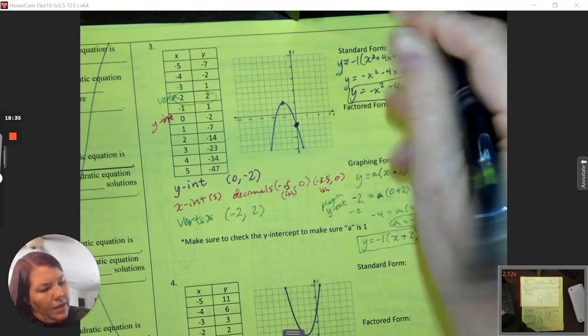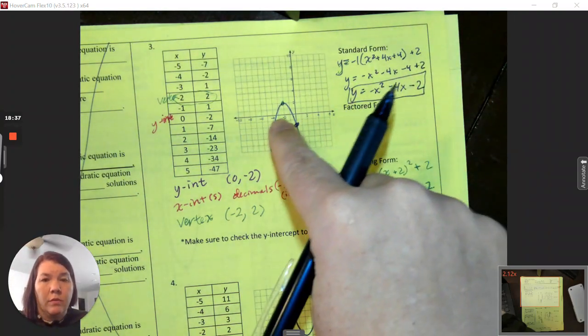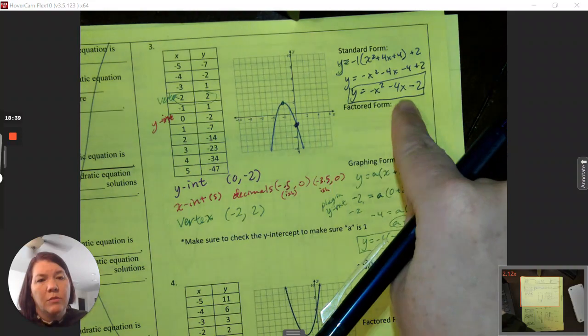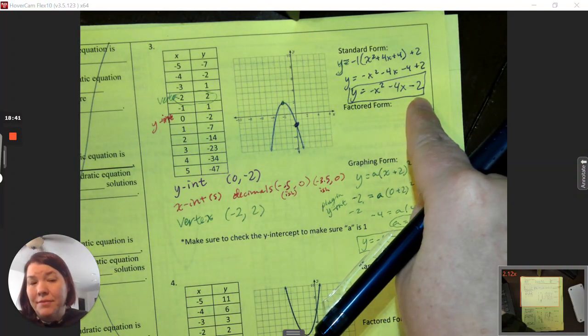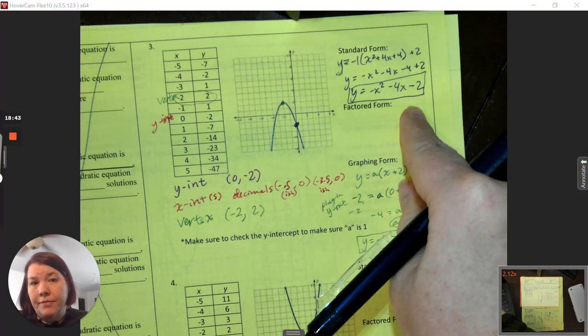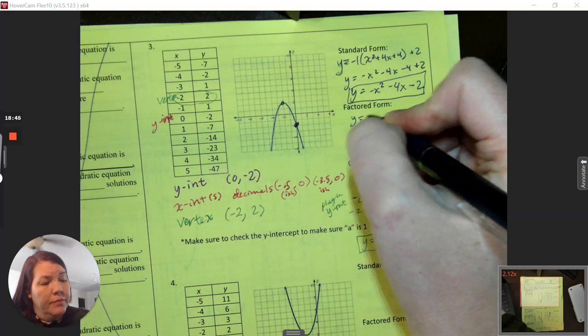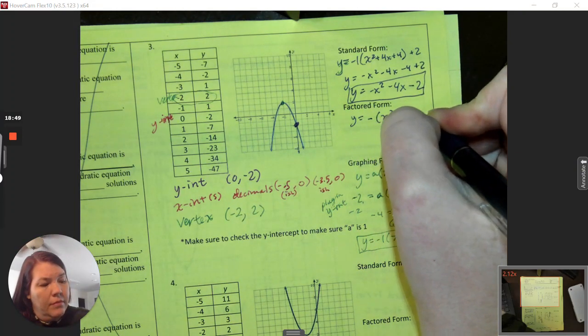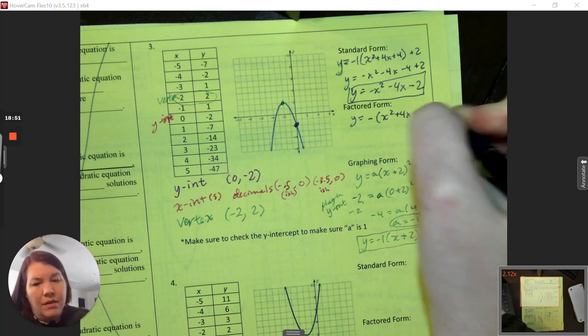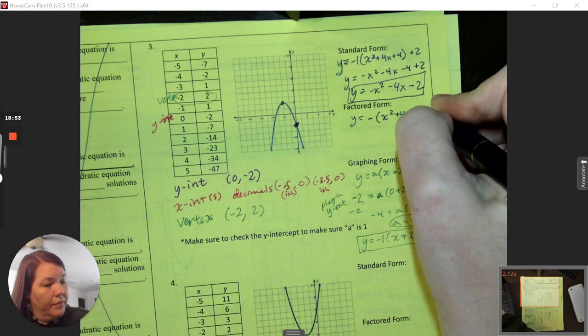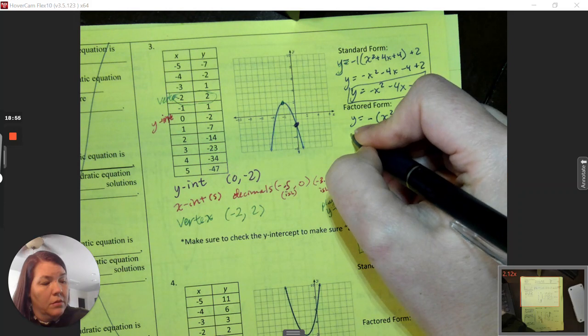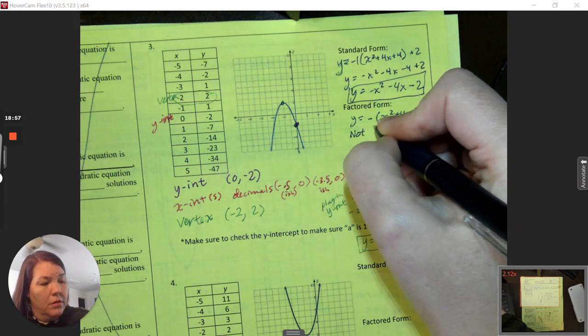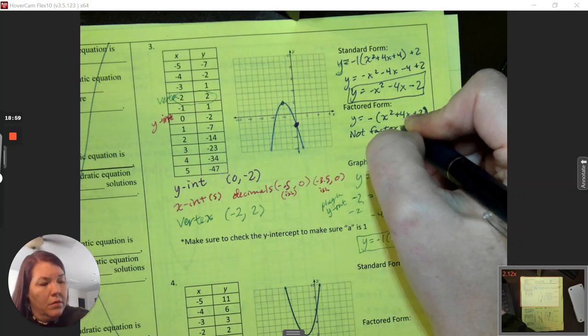And then I would try to go to factored form, but because they were fractions and decimals, I can't, because this does not factor. The best I can do... and that's not really factoring it, is it? So that's the best I can do. Go further.